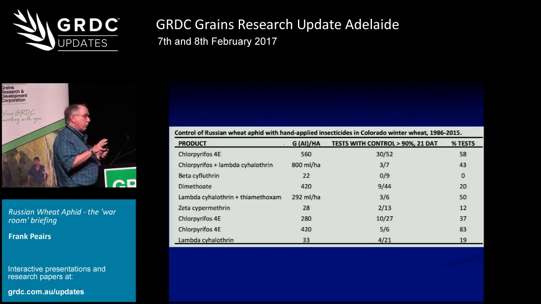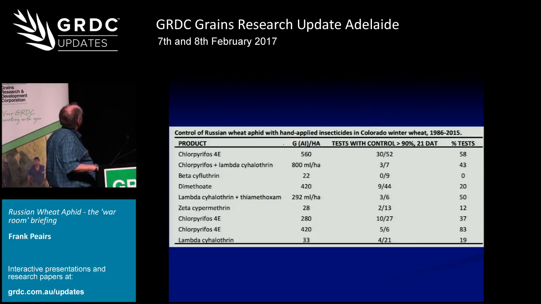And the way I look at chemical control is, good control is reducing aphid abundance by 90% or more for 3 weeks. And I don't really see treatments that do much better than that.